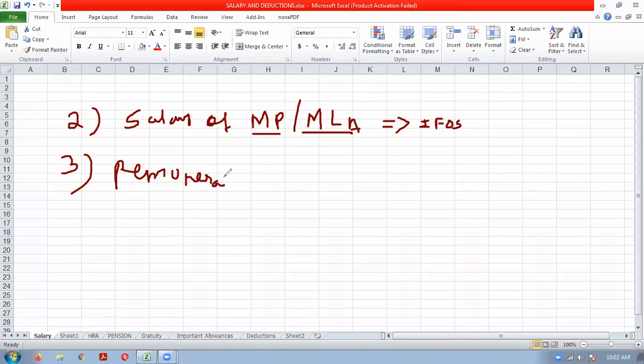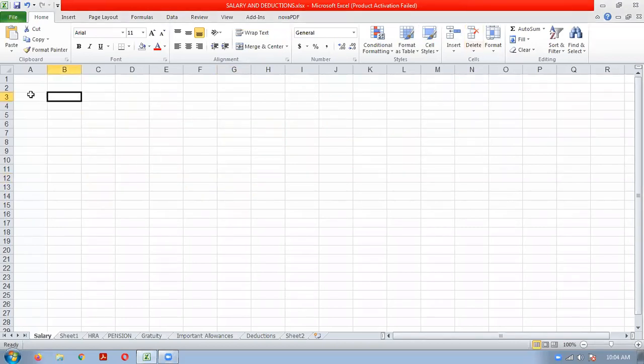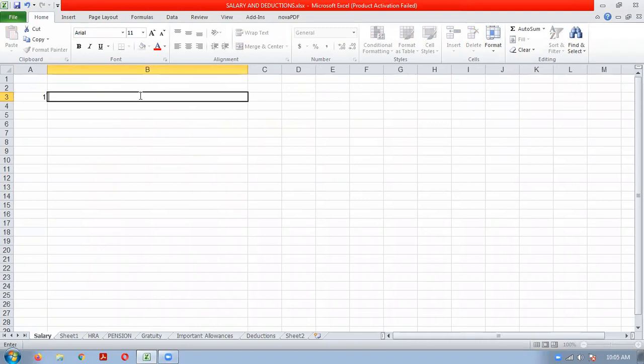Remuneration. So first thing: any amount paid by an employer to an employee is salary.